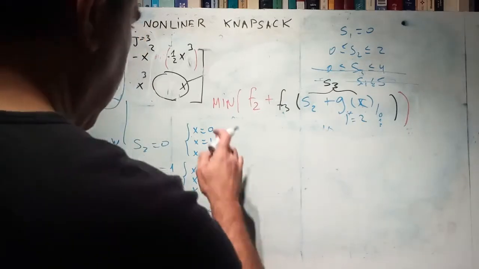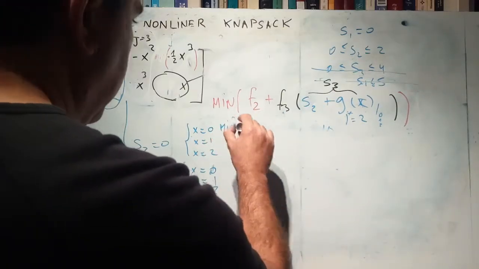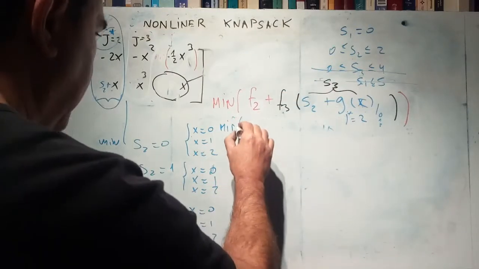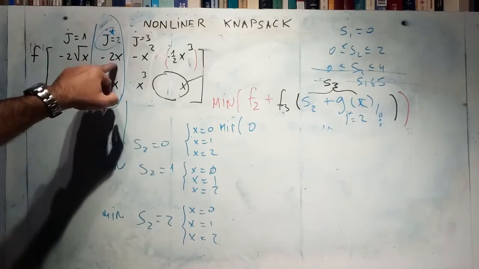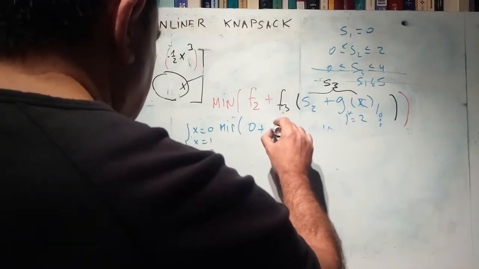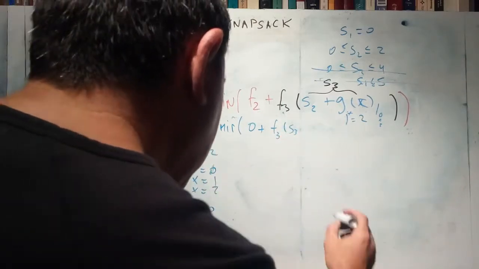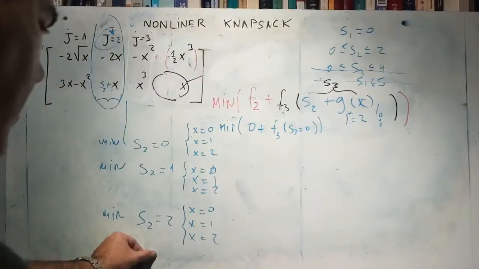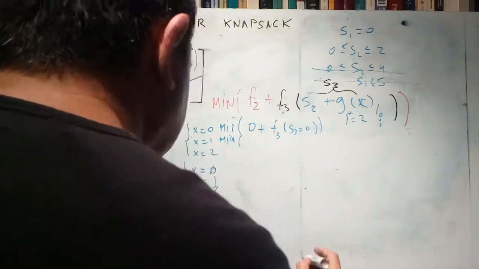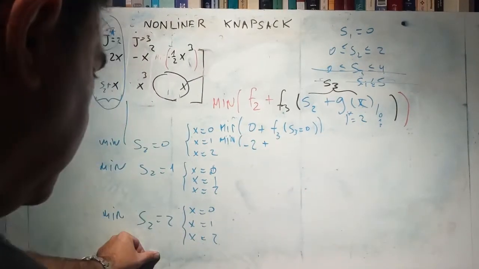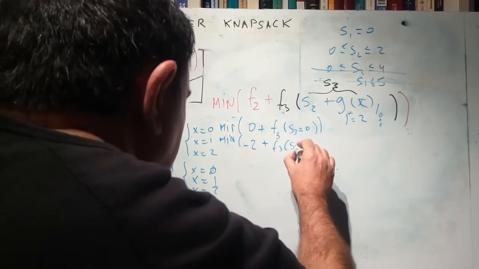Okay, so the minimum of F2, now I'm following this formula, right? The minimum of F2, that is 0, plus F3 of S3 being 0. Then the minimum of minus 2 plus F3 of S3 being 1.